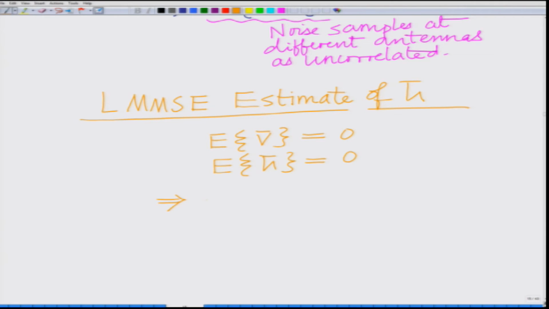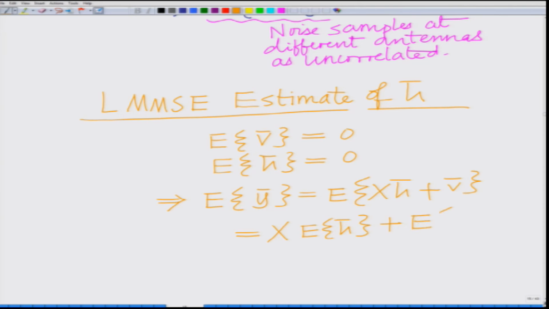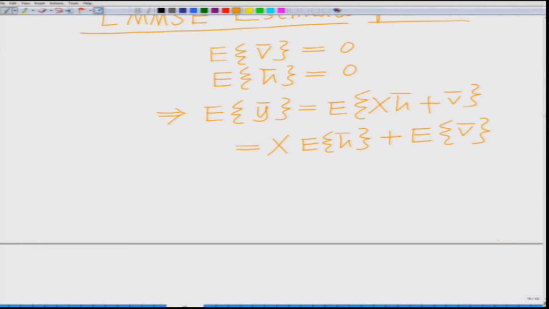This implies the expected value of y bar equals the expected value of x h bar plus V bar, equals x times the expected value of h bar plus the expected value of V bar.